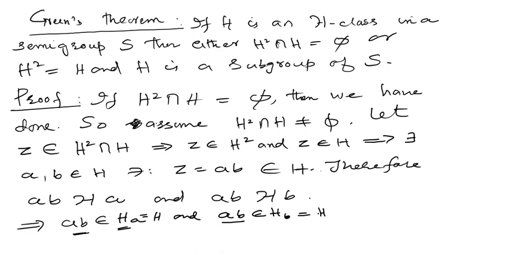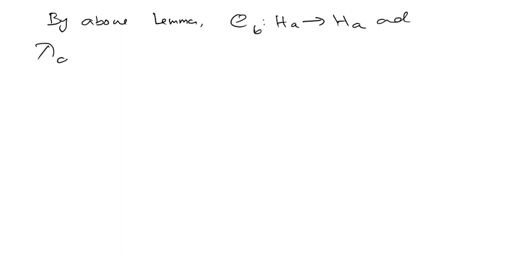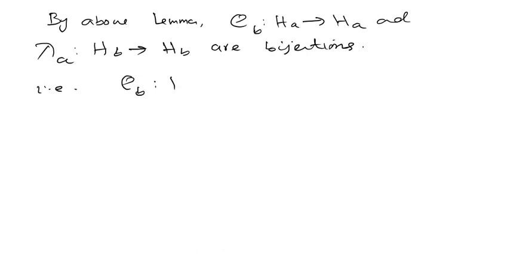So therefore by the above lemma, rho B is from HA to HA, and lambda A is from HB to HB, because they are all actually equal to H. That is, rho B from H to H, and lambda A from H to H, because they are all equal to H, the given H class.